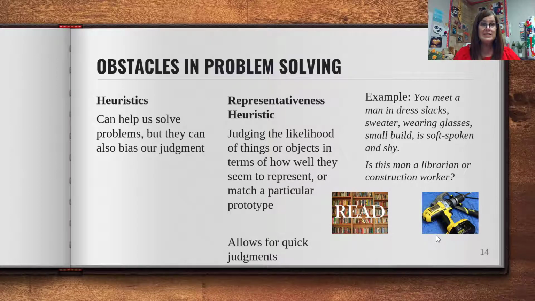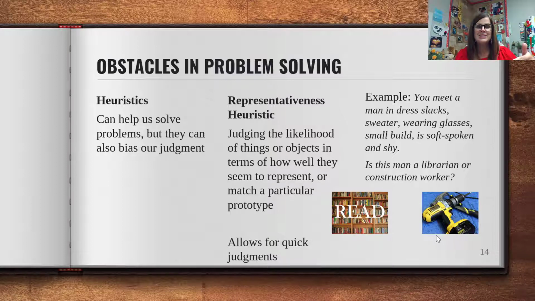So there are heuristics that we can use to solve a problem, but they actually can get in the way of solving problems as well. So they can help solve problems, but they could also bias our judgment. And there's something called a representative heuristic, where we judge the likelihood of things or objects in terms of how well they seem to represent or match a particular prototype.